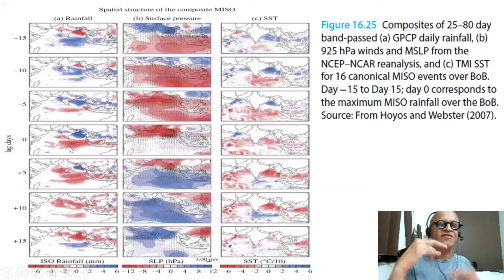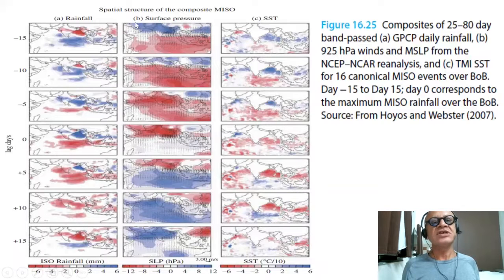So you have this kind of meridional flip-flop happening here. So rising motion, sinking motion, and rising motion, sinking motion, and then as you go into day 15, you have gone back to day minus 15 in terms of the rainfall feature being on the equator and dry period over the Bay of Bengal and land.